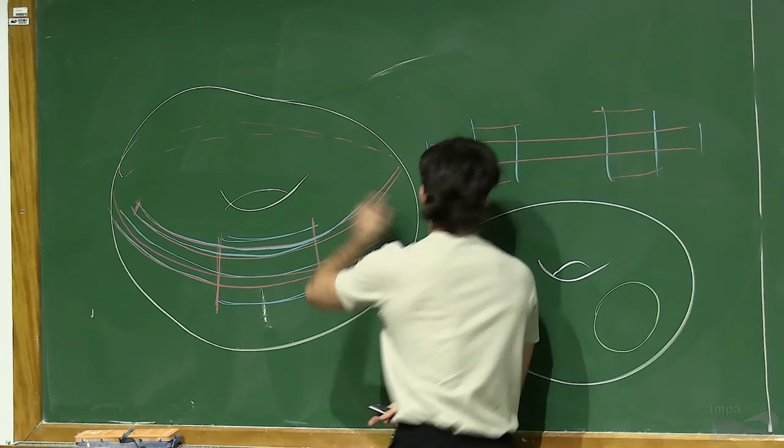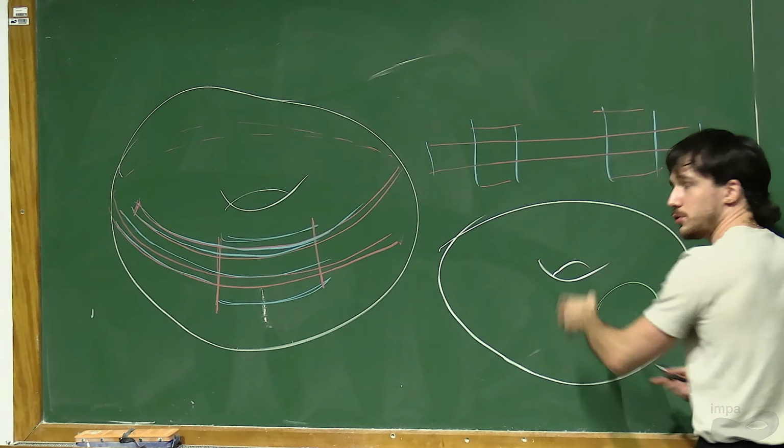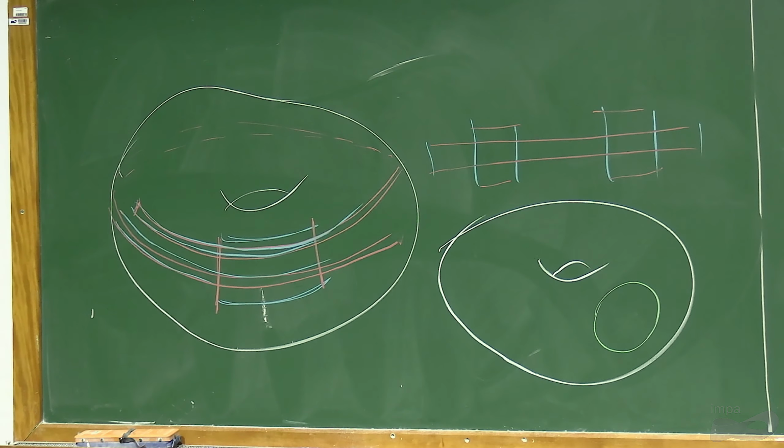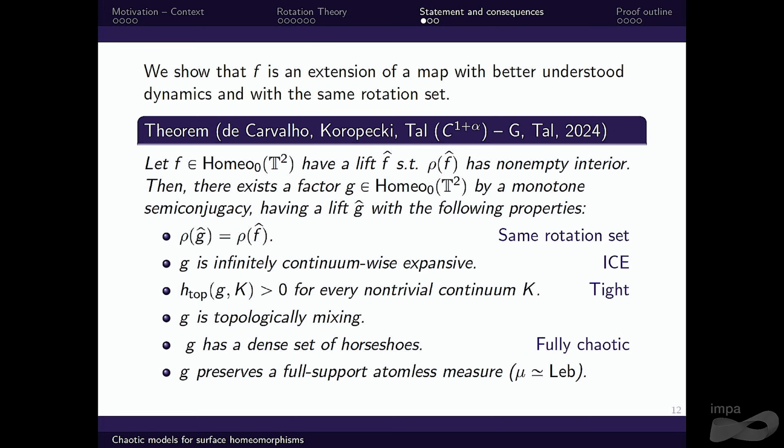Okay? So here you will have a horseshoe, here you will have a horseshoe, and so on. So fully chaotic. Chaos is everywhere. And it's also area preserving. So amazing. You know, that is actually a consequence from the fifth one. Okay, it preserves a full support atomless measure. So up to a change of coordinates, it is the Lebesgue measure. So you can very well think it is area preserving.